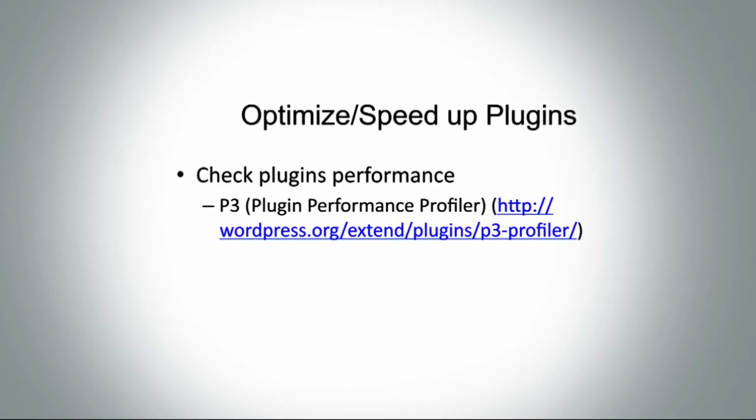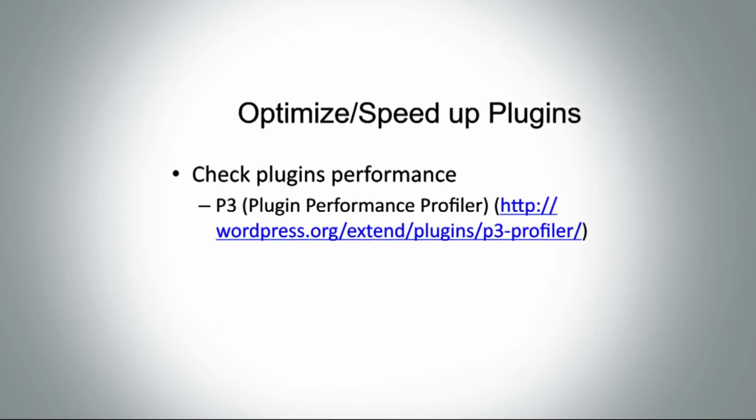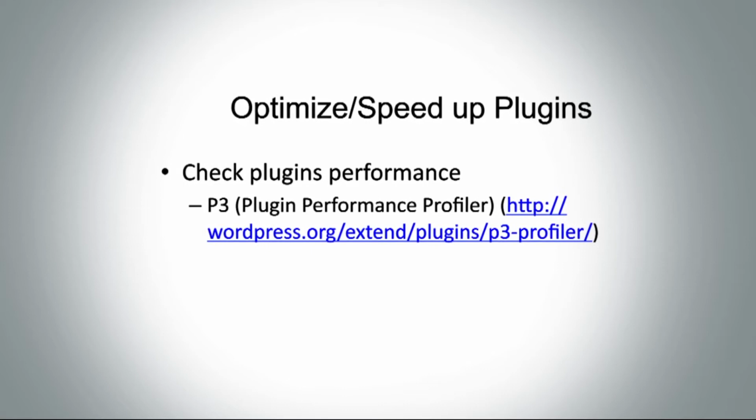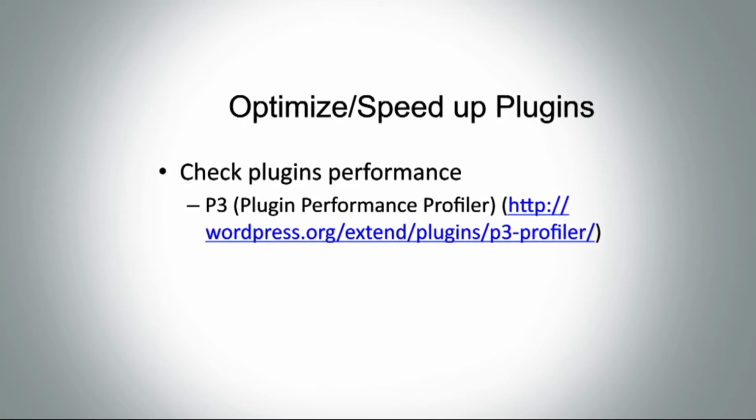Similarly, we can check plugin performance. As we know, even a small site will have many plugins, so we don't know which plugin has what role, and which plugin is taking most of the server time, most of the database time. So we always need to do a performance check. Which plugin is taking how much time?